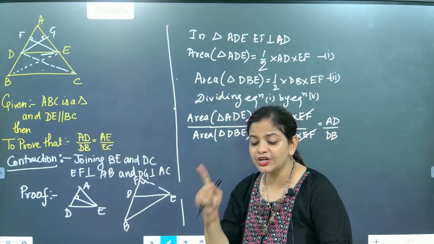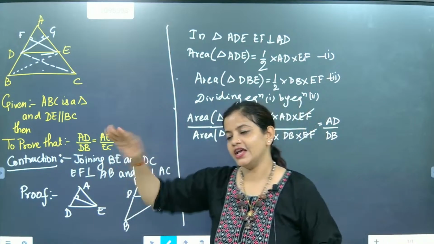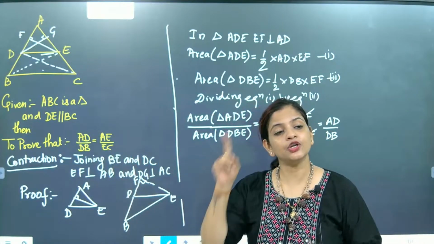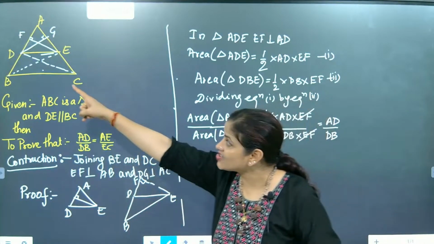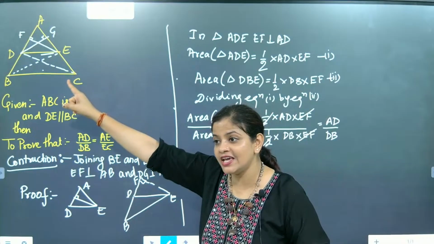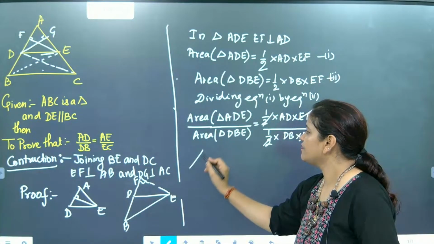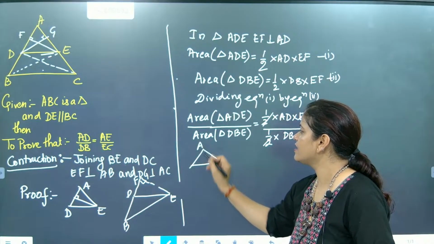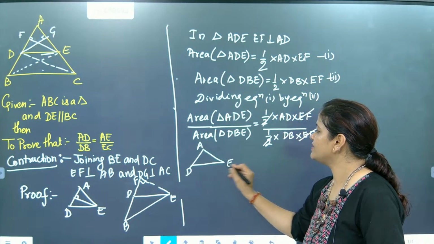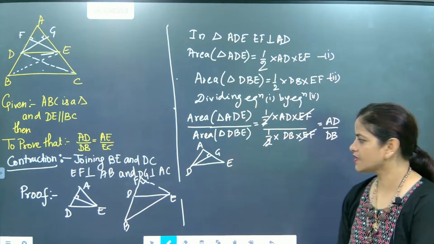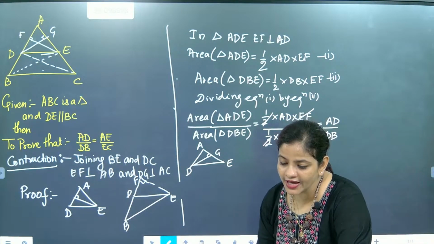Understood? So similarly, this side triangle we will take. First we took which side triangle? Left side. In left side, which perpendicular have we taken? EF. And with that two triangles we have taken, DBE and ADE. Now we will take the same big triangle ADE, but this side the perpendicular will be DG.